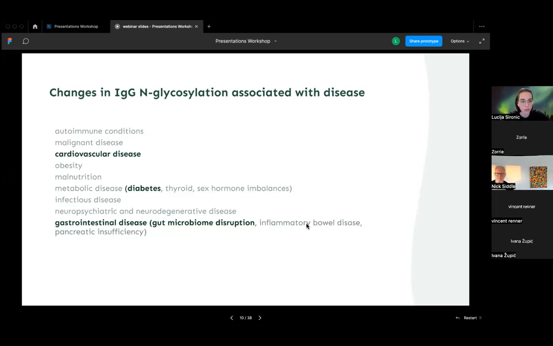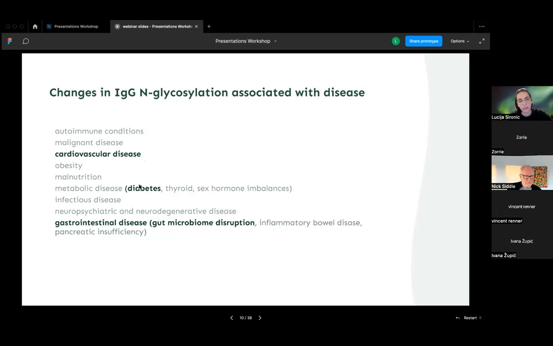Obviously, we could be talking about all these things and spend an entire day just talking about one or two of them. But today we'll be focusing on the ones that you can see are in bold, mainly cardiovascular disease and diabetes.